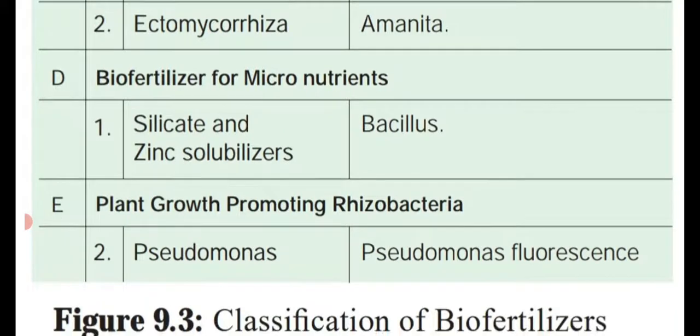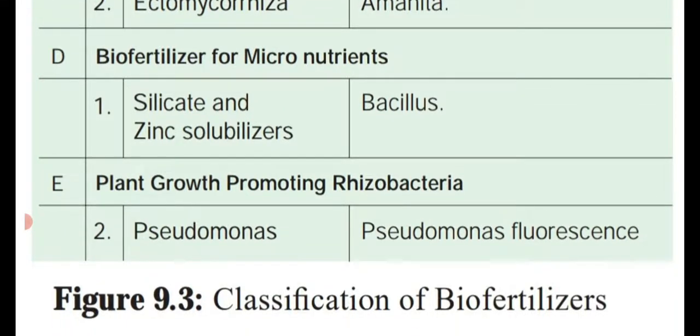Then biofertilizer for micronutrient. Nutrients are divided into macro and micro. Some of the minerals which are required in trace quantity for plant growth and development are known as micronutrients. These micronutrients are also supplied by biofertilizer.